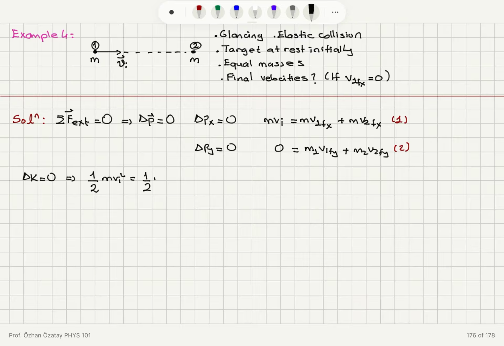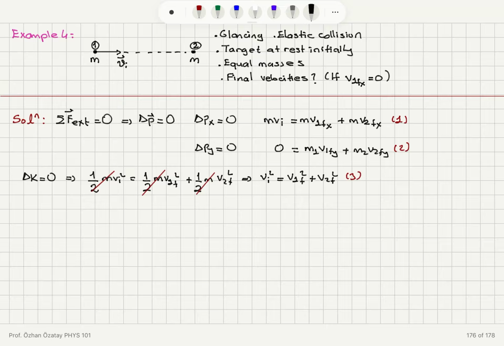Final kinetic energy is 1 over 2 m V1 final squared plus 1 over 2 m V2 final squared. The 1 over 2 m's will disappear, and I will find V initial squared is V1 final squared plus V2 final squared. This is my third equation.